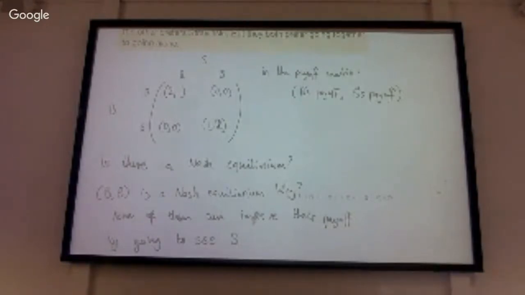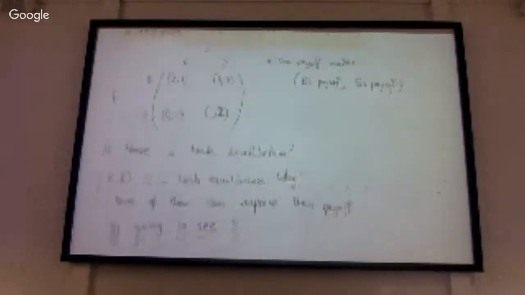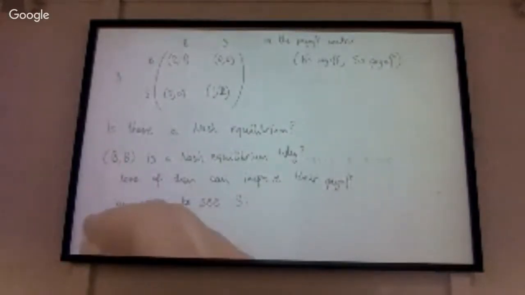So this is one Nash equilibrium in which the row player is very happy, the column player is somewhat happy, but they can't improve by doing something else unless the other player also does something else. In fact, there's another one.